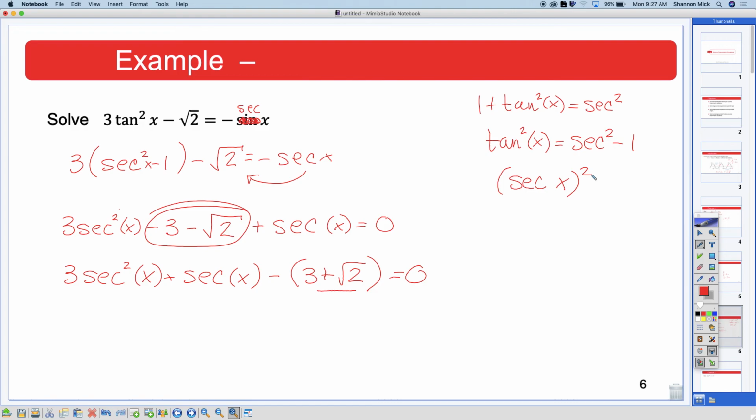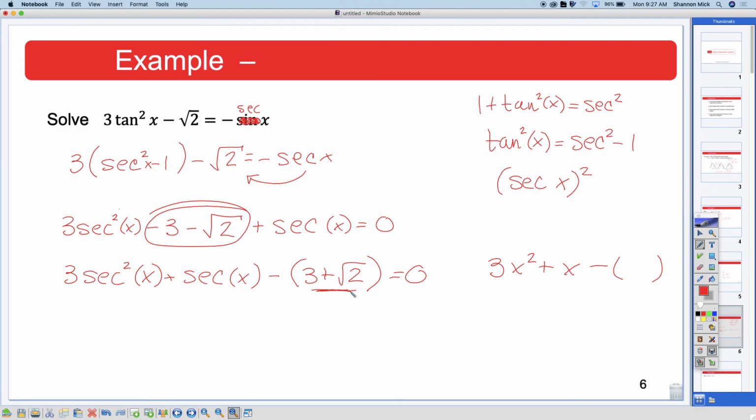So this whole thing in my brain should be seeing 3x squared plus x minus that quantity, because I'm solving for the secant x. So I'd have to factor this, but I cannot factor this because I don't know the factors of that number, because I don't know that number, do I? So what do I use if I cannot factor something?